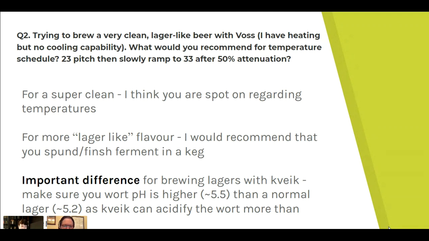If you have any blonde ales you're making and you're finding that's a problem, especially if you're brewing somewhere that has quite hard water, you might want to look at knocking your pH down a little bit, adding some lactic acid or phosphoric acid. I'd recommend lactic, to your mash or to your wort. Because Kveik has the ability to knock the pH down more than lager yeast, you don't have to do this as aggressively, and if you do it too much, it can have some other really unpleasant characteristics.